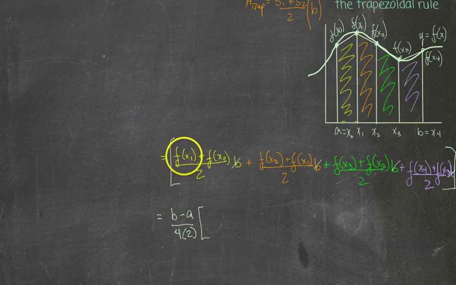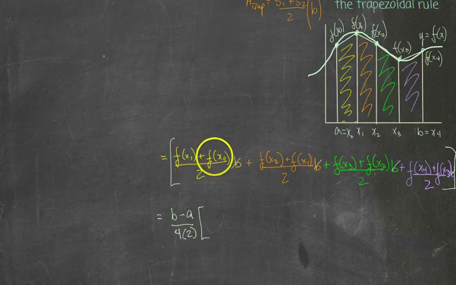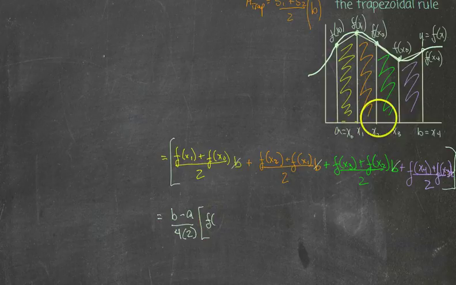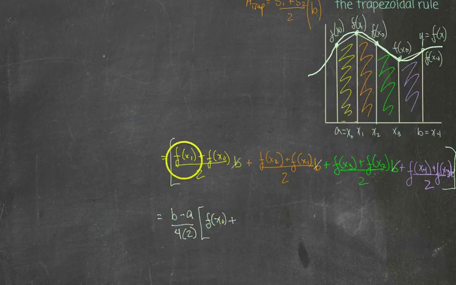I have f of x1 plus f of x1 plus f of x0. Okay, so let's go ahead and put the f of x0 in the front, let's work methodically across the base. Plus, well, I have an f of x1, but I have another one over here.